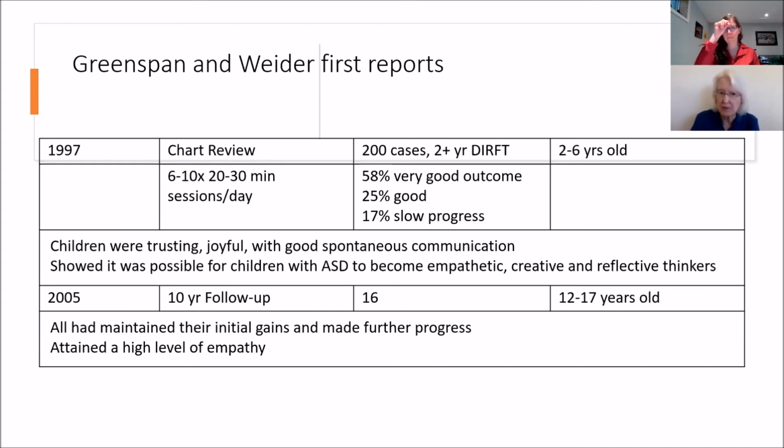It was possible. And this study or report came out 10 years after Lovaas reported the good results that he had had with ABA. So this was kind of an introduction of a new and different way of working with children.